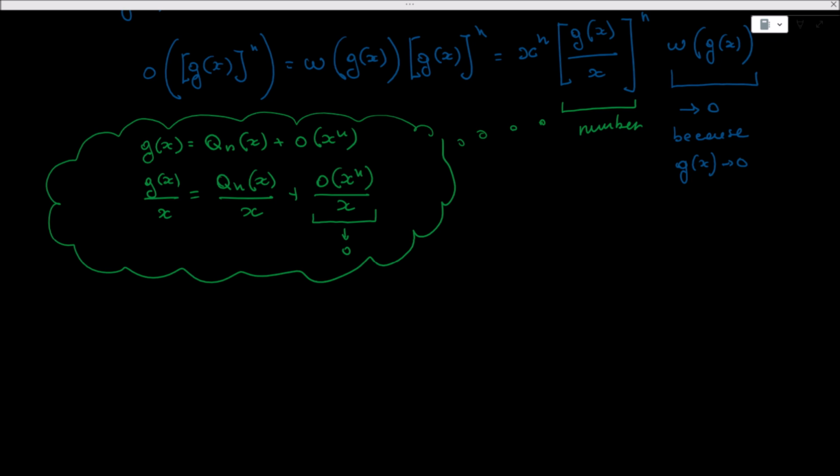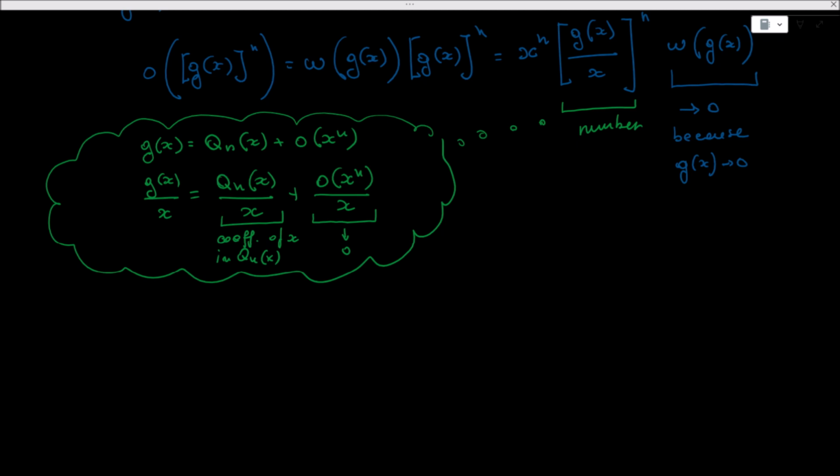Little o of x to the n is something that goes to 0 faster than x to the n, therefore it goes to 0 faster than x. So this second term is going to be equal to 0. And instead, if we divide qn of x by x, what we get here is simply the coefficient of x in qn of x, because all the other terms will go to 0 when x goes to 0.